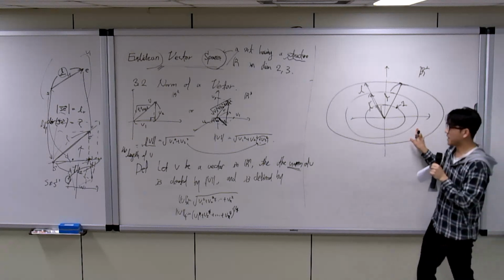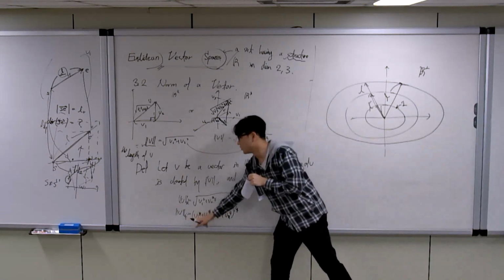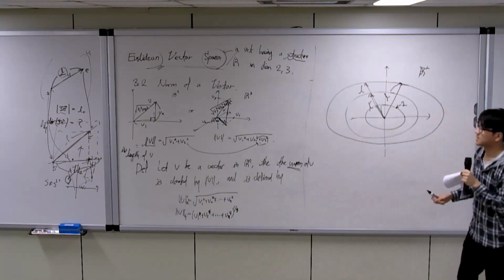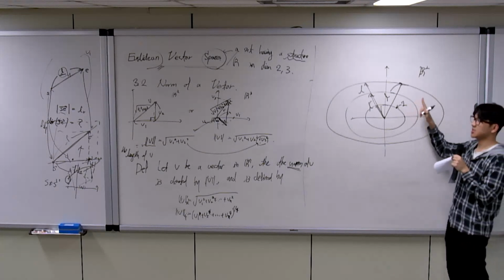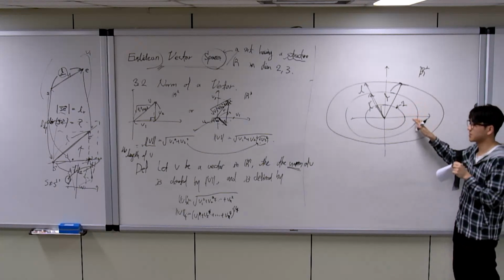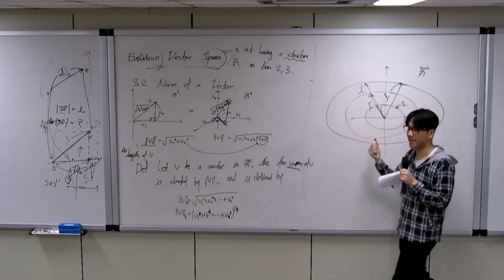So by choosing a different norm, since the vector has not changed, it might have different lengths.